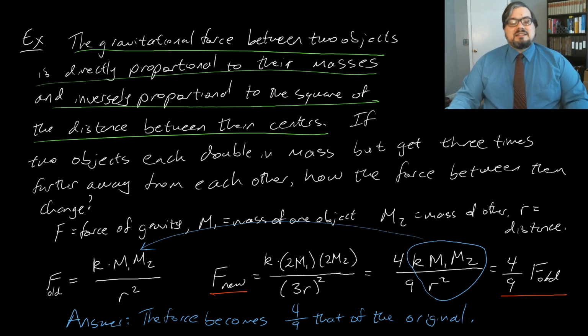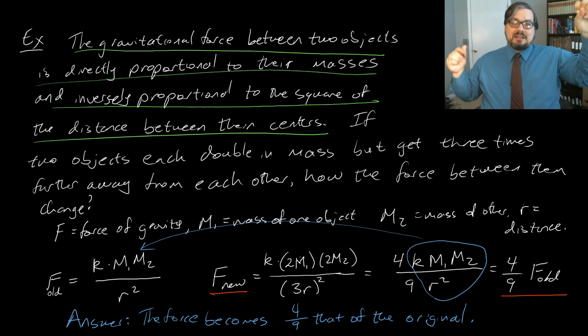It turns out that this inverse square relationship that we see here with a squared quantity on the bottom shows up not only when talking about gravity, the force of gravity between two objects, but also the electric force between two charged particles. It also applies to the amount of light that we receive from a light source, depending on the distance. The amount of light you receive is inversely proportional to the square of the distance.